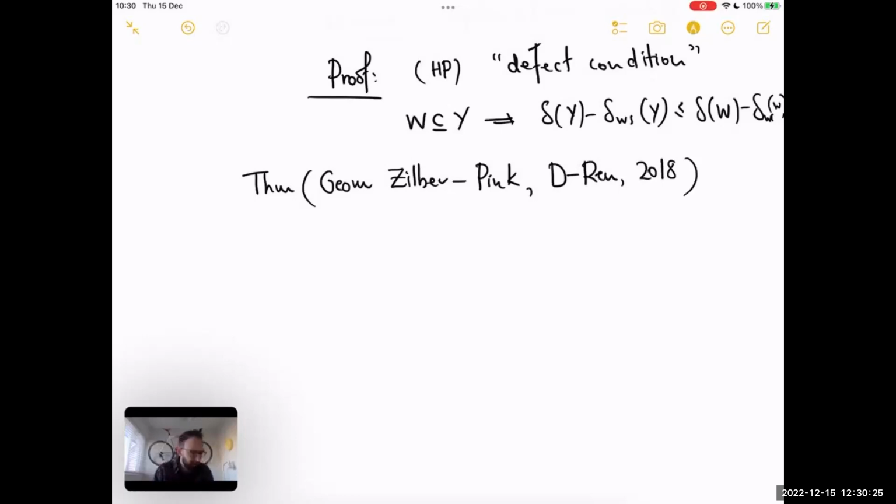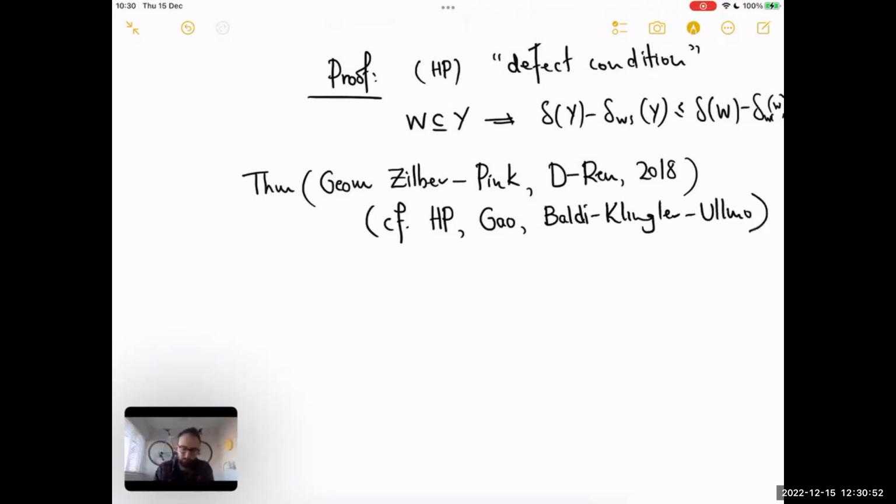But this was subsequent to work on products of modular curves by Habegger and Pila. I hope you don't mind writing initials like that. And then subsequently proved by Gao for mixed Shimura varieties, and then much more recently, Baldi, Klingler, and Ullmo proved the analogous statement for an arbitrary variation of pure Hodge structures.